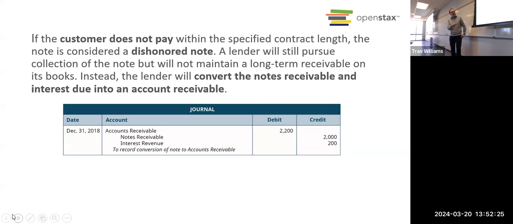What we're doing is getting rid of their note and now saying they have an account receivable. And the reason we're doing that is because the loans matured. We're not going to charge any more interest on it because we had only agreed to charge the interest for the 2 years. And now we're saying it's all due, and it's due now.